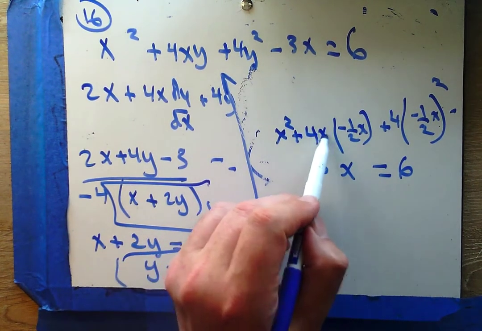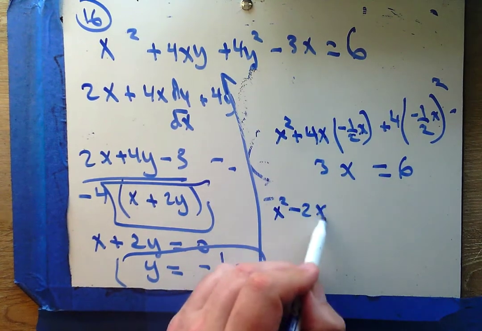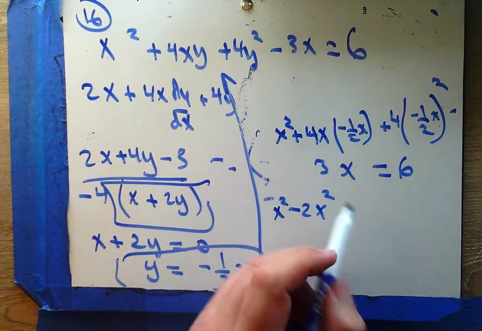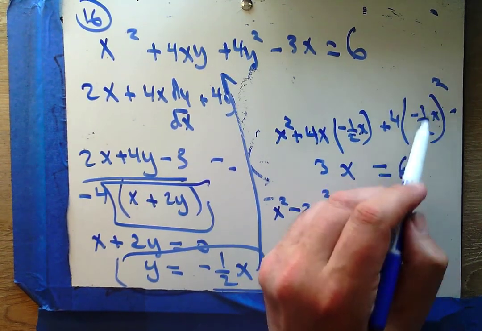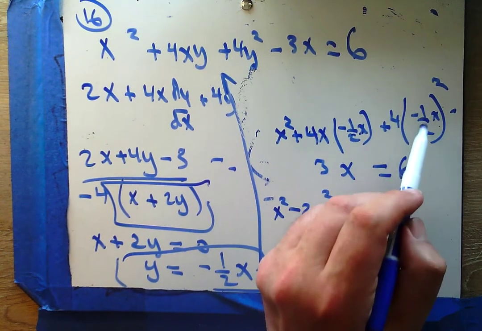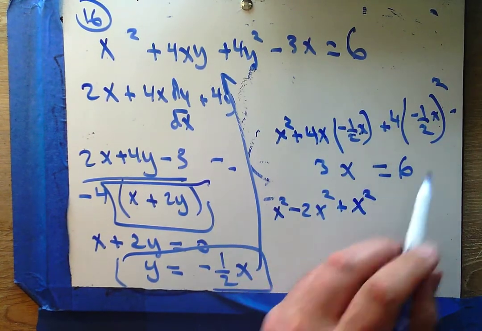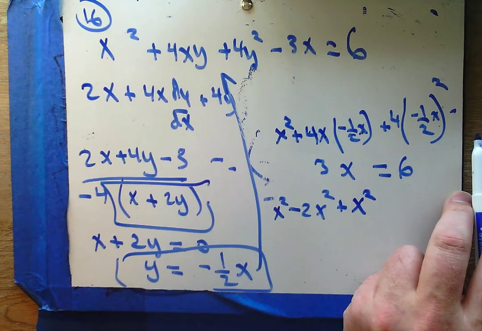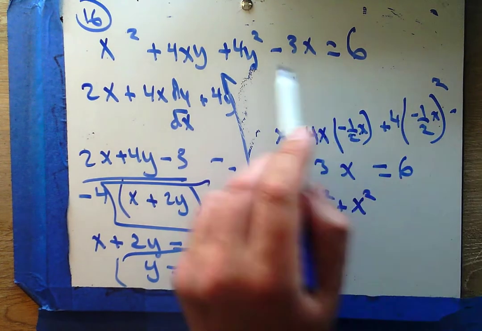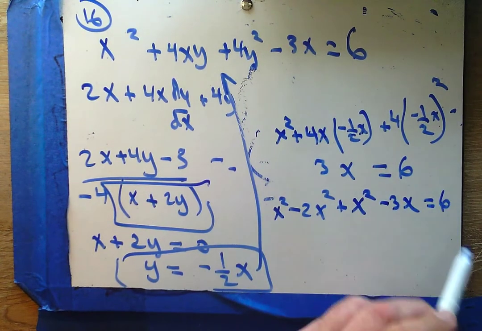So x times x is x squared, and I have x squared minus 2x squared plus, I'm going to square this first and have positive 1/4 x squared times 4, which is just going to be x squared. And then this was the original. This is minus 3x equals 6.